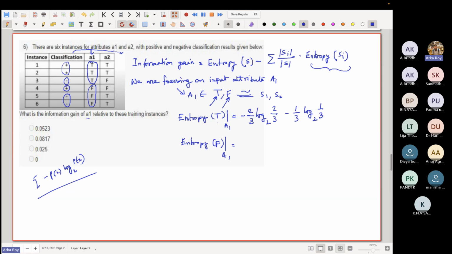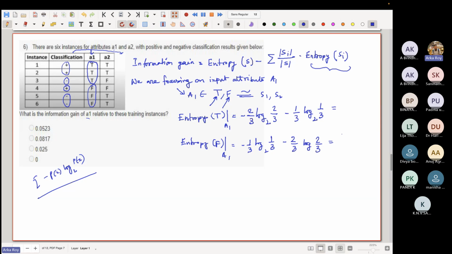Starting with the positive class, I can write minus 1 upon 3, the probability for the positive class, since the total number of instances is 3 and there is only one positive instance, times log 2 of 1 upon 3. Then for the negative classification, there are 2 samples out of 3, so 2 by 3 log 2 of 2 by 3.